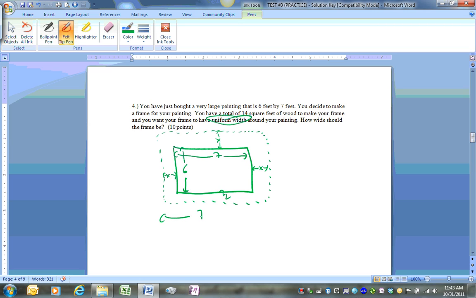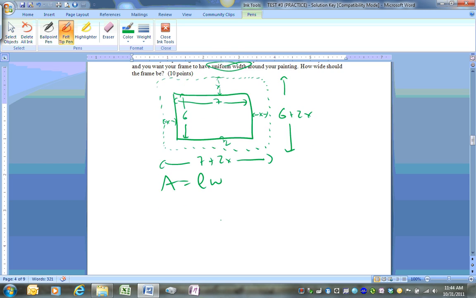So the whole thing would be 7 plus 2x for the length. The width, or whatever you want to call it, would be 6 plus 2x. Area we know is LW, length times width. And the area is 42 plus 14, the picture plus the frame.